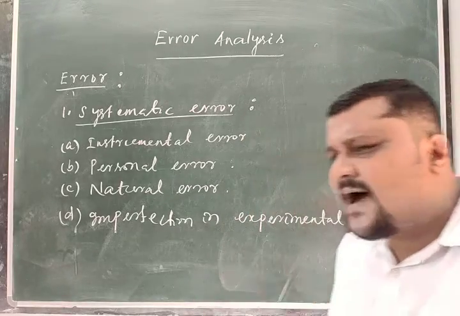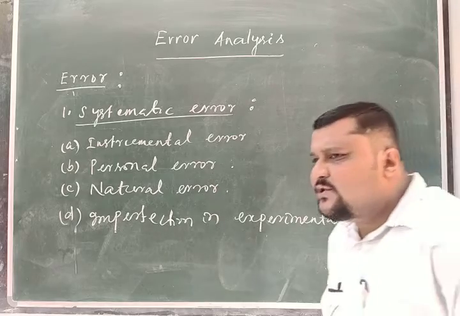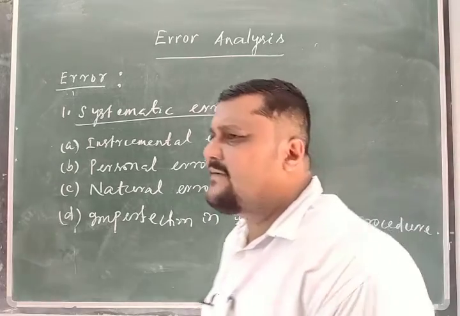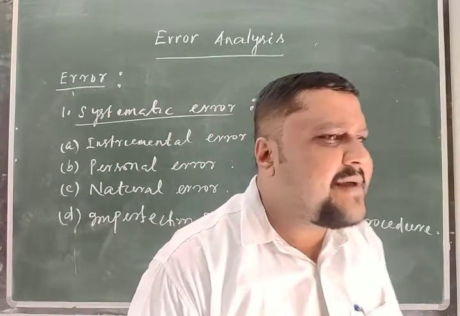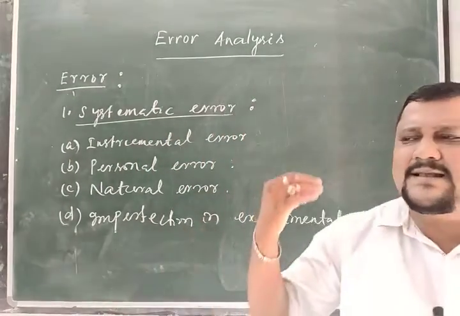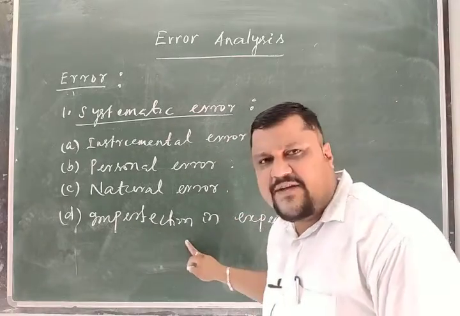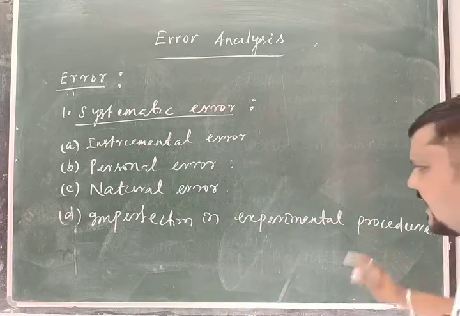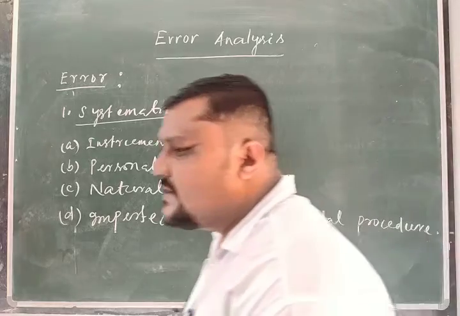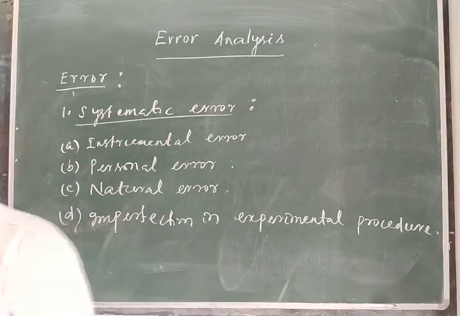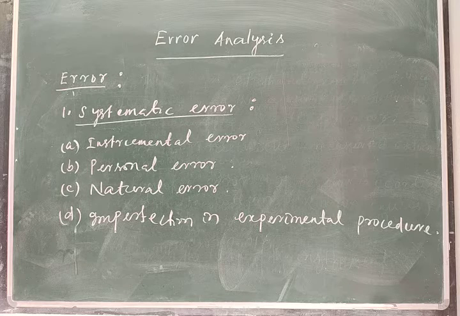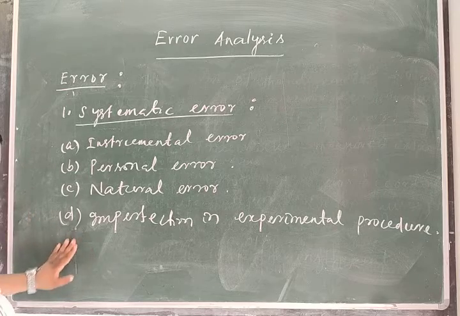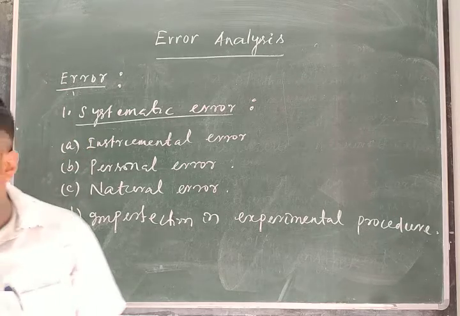Suppose I measure mass and acceleration, but in the theory, if I use m by a, or if I subtract, whatever it may be, there is an error, because that is not the perfect experimental procedure. Then also the error comes, and that comes under systematic error. And these are the different causes for the systematic error.